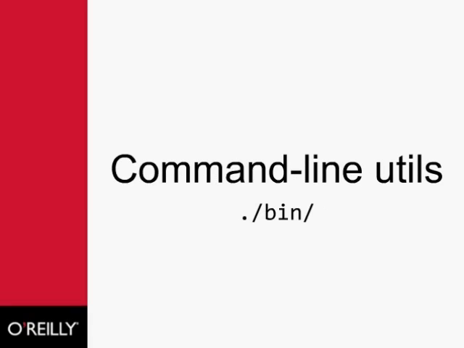Command line utilities, these are generally things that you just run on the command line that will perform little jobs for you that are not directly related to running the app. So this might be configuration setup or launching or stopping supporting services such as Redis and so on. You can just put those in .bin.